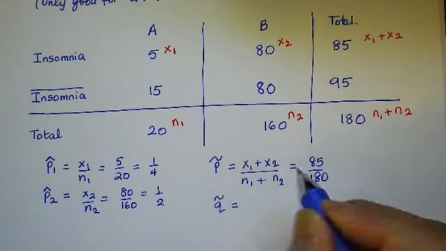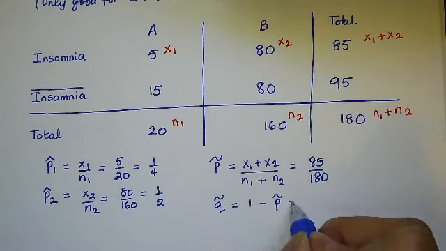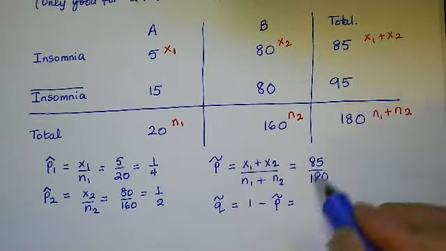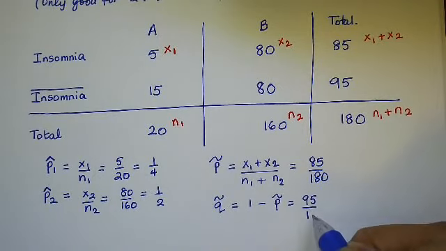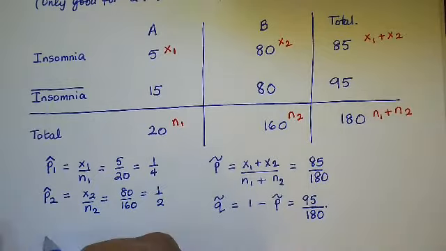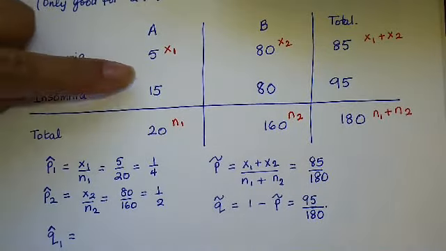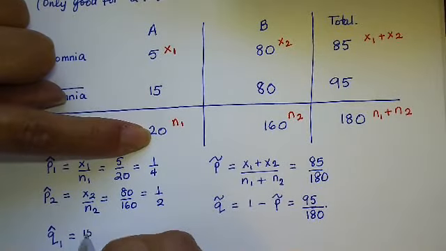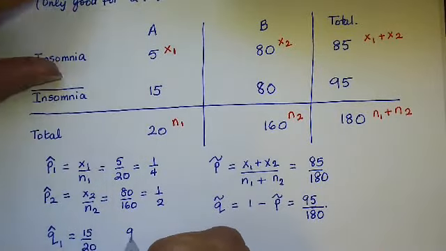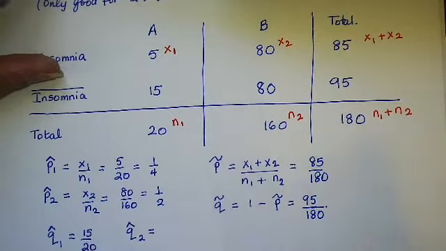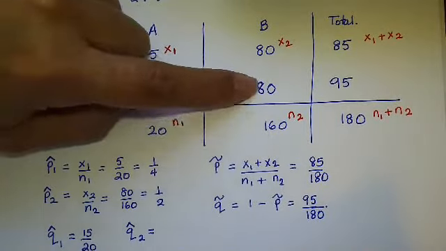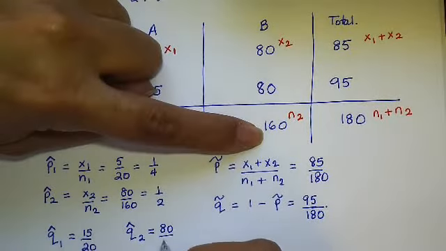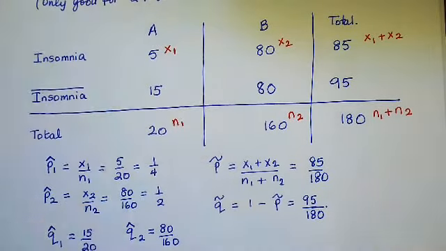And therefore its complement, Q tilde, is 1 minus P tilde, is equal to 95 over 180. And by the way, Q1 hat would be the probability of failure, which is 15 over 20. And Q2 hat would be the probability of failure here, 80 over 160.